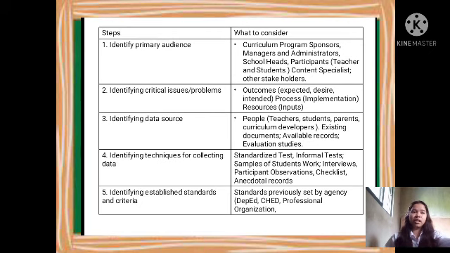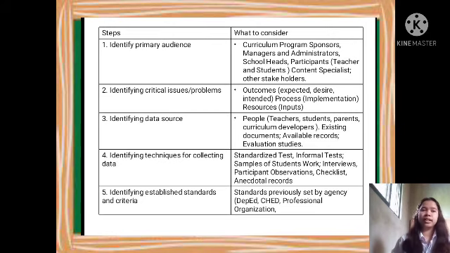So step 2 is identifying critical issues or problems. What to consider is the outcomes expected, desired, intended, the process or the implementation, and resources or inputs. Third step is identifying data sources. What to consider is people: teachers, students, parents, curriculum developers, existing documents, available records, and evaluation studies.